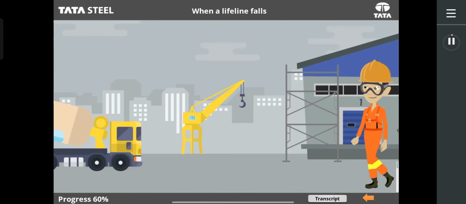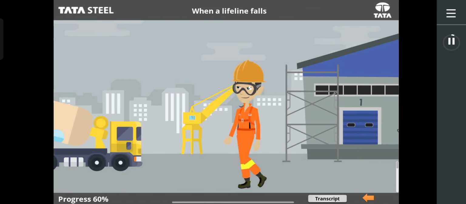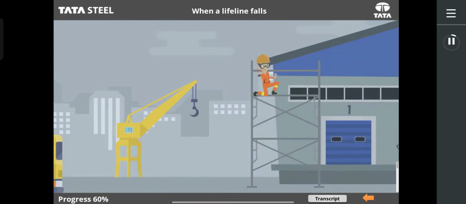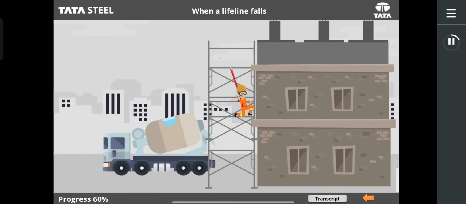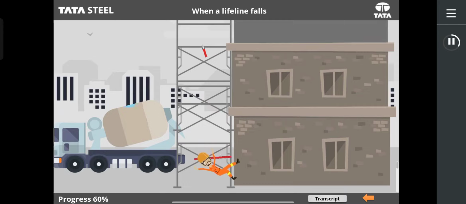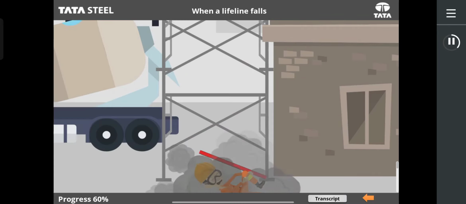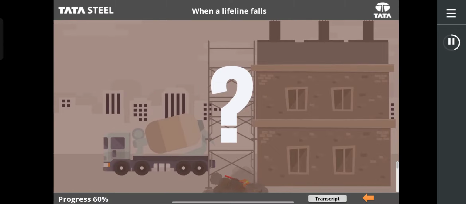Sumit was a very skilled construction worker and was employed several times for working at a height. On an assignment, he climbed a scaffold to work on a tower. He was wearing a retractable lifeline as required. However, he had a fatal fall and succumbed to his injuries. Why did this happen?